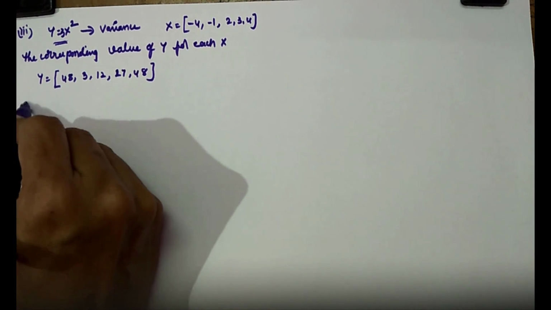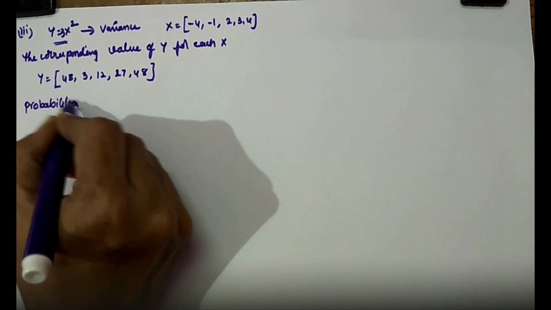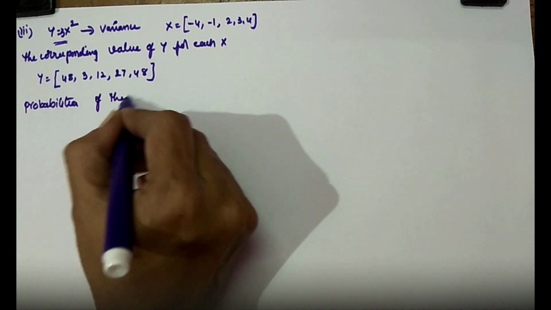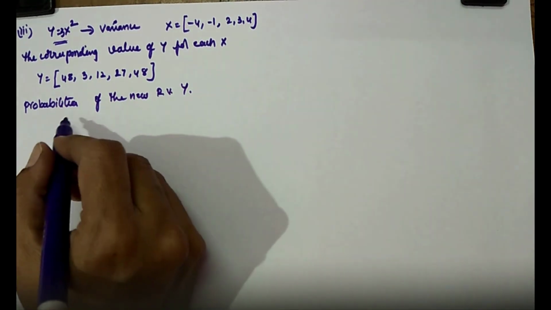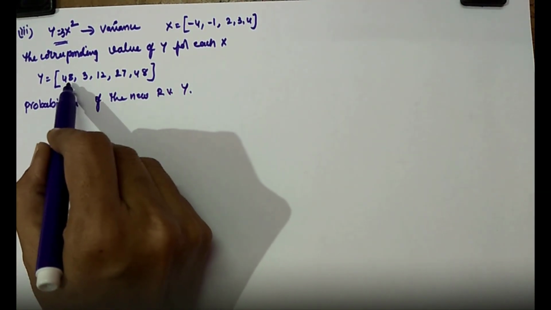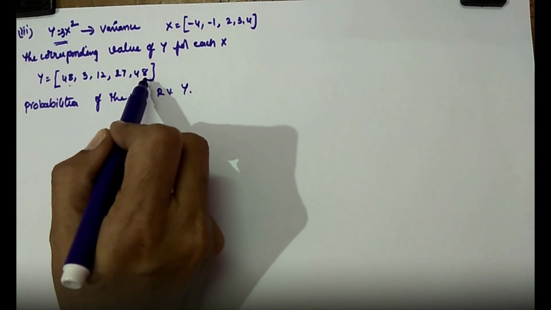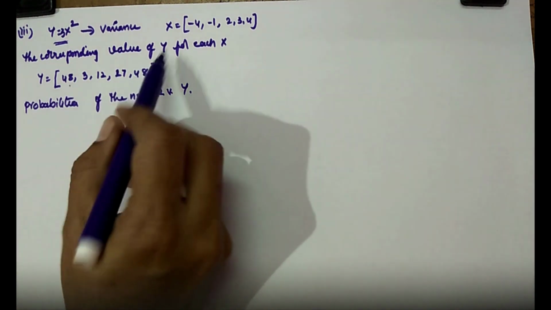Then we have to find probabilities of the new random variable y. How to find? If you see 48, the first value is 48, and the last value of the random variable is also 48. So what is the meaning?